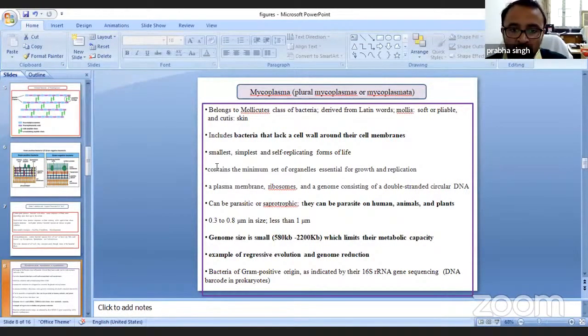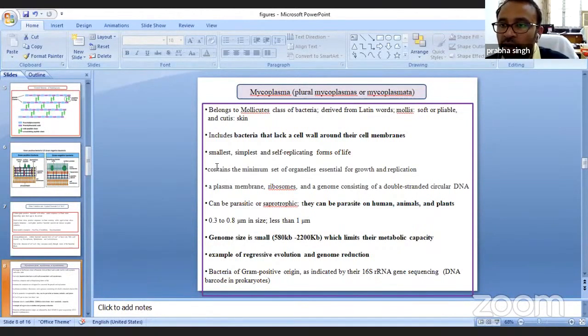Then mycoplasma is an example of regressive evolution and genome reduction. It means that in the case of bacteria, we have a bit larger genome size, while these are also bacteria, but they have reduced their genome because they are dependent upon the host cell or host machinery for some of the nutrients.